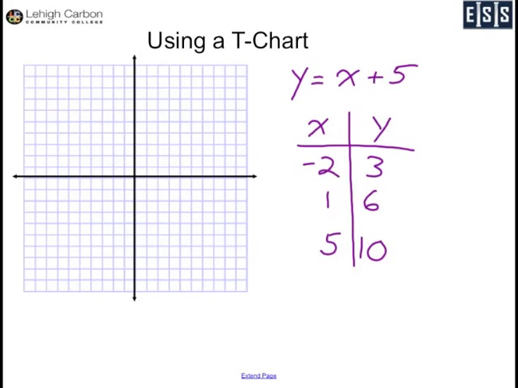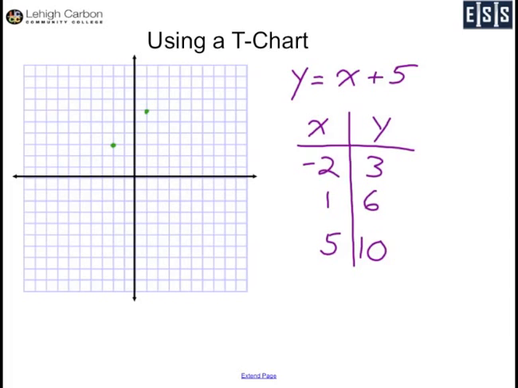We have the equation y equals x plus 5, and then we have a t-chart with 3 points listed in it. The first is negative 2, 3, so on my x-axis I go to negative 2, go up 3 on my y-axis, and I get my point. Next is the point 1, 6, go to positive 1 on my x-axis, up to 6.